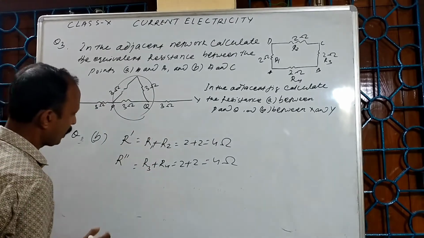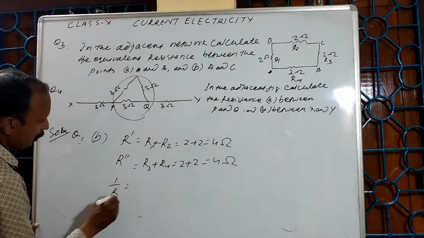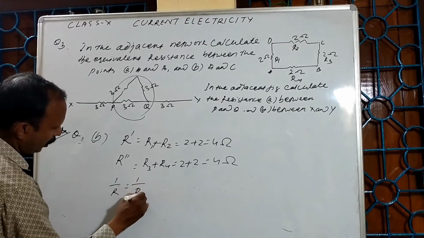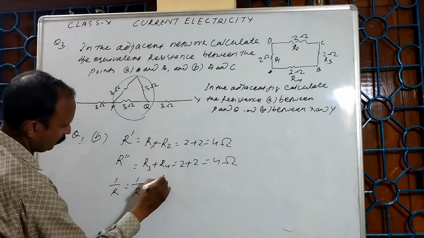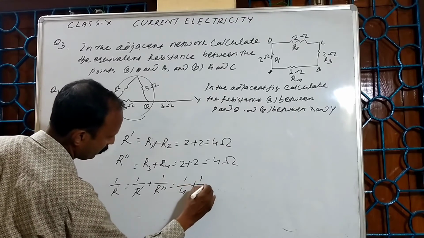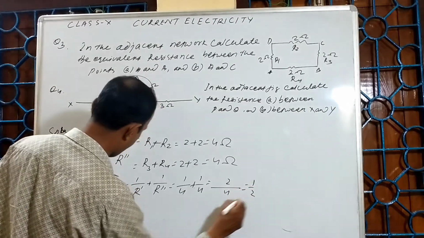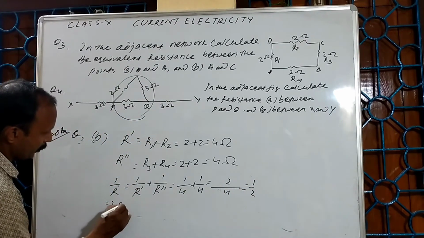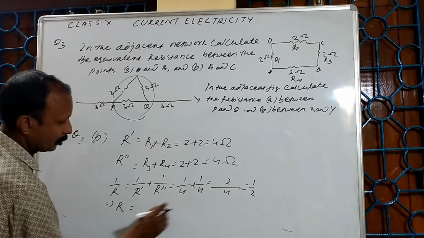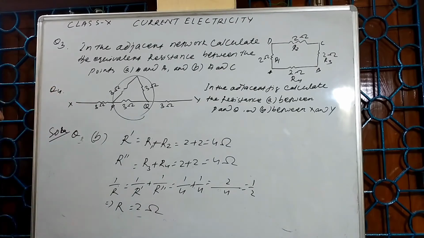Now these two are in parallel. So I can say that 1 upon R is equal to 1 upon R dash plus 1 upon R double dash, 1 by 4 plus 1 by 4, or I can write this is 2 by 4 or 1 by 2, implies that the equivalent resistance is equal to 2 ohm.